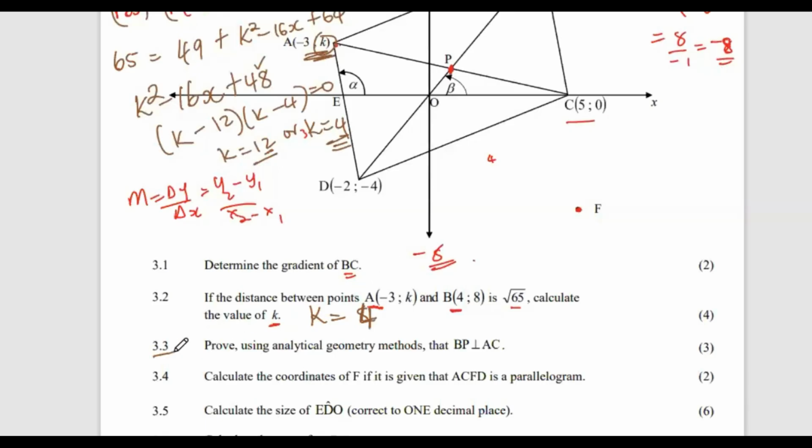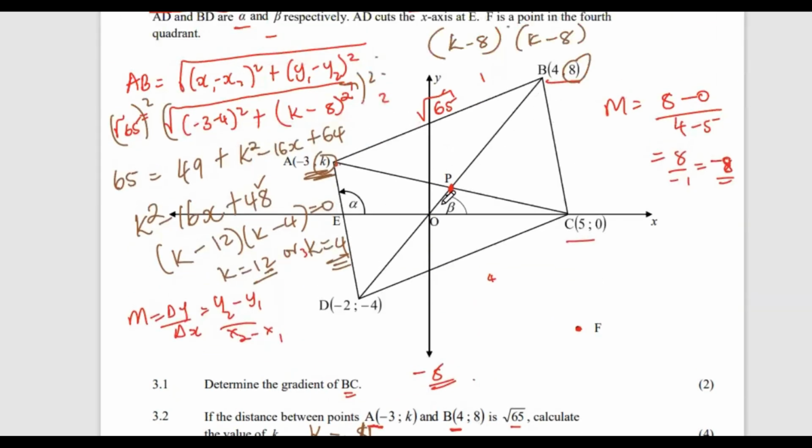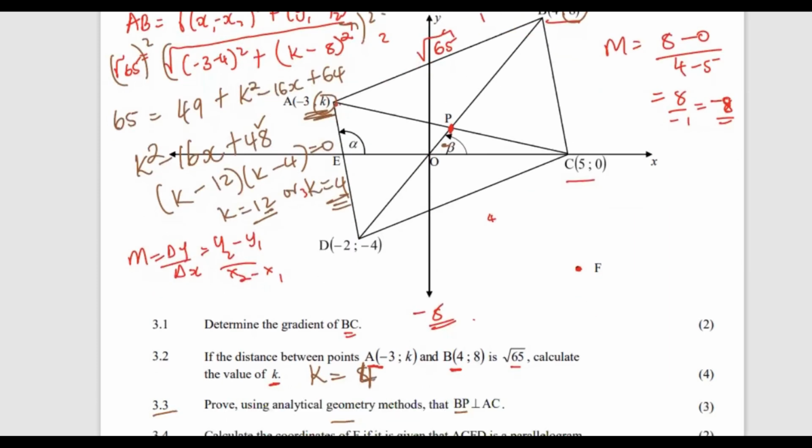Then 3.3. Can we prove using analytical geometry methods that BP, where is BP now? BP, where are you? Okay, that BP is perpendicular to AC. We prove that BP is perpendicular to AC. So for us to prove that, do we need the coordinates of P?